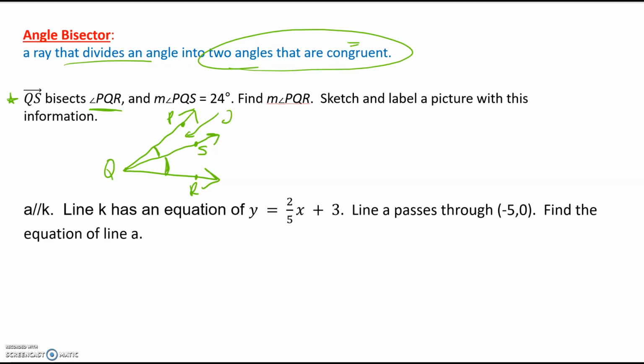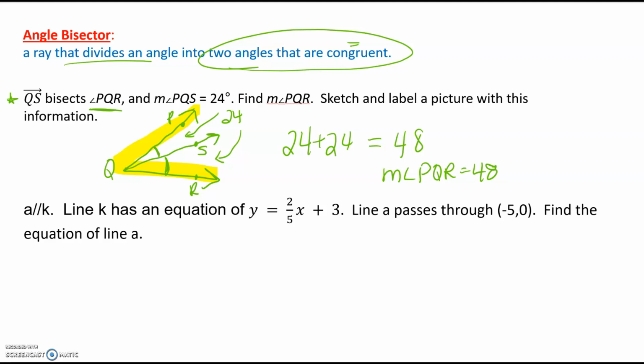It says PQS is 24, and what I want to find is the measure of PQR, the entire thing. So I'm just going to say 24 plus 24 because I know these should be the same. So I'm going to get that the measure of angle PQR is 48. Okay, if you were solving for x, you just set those pieces equal to each other and you will find x that way.